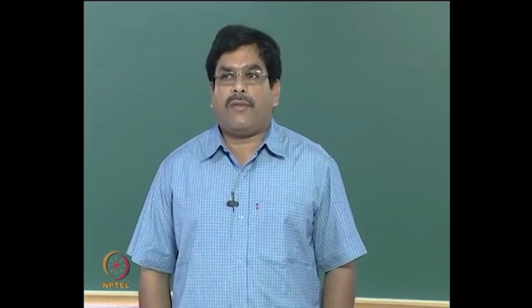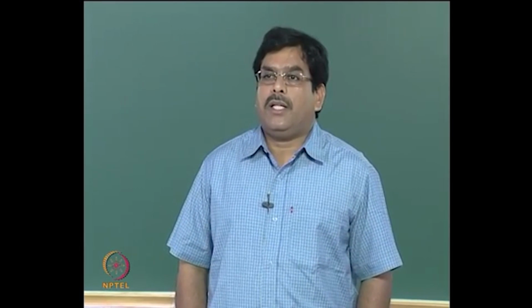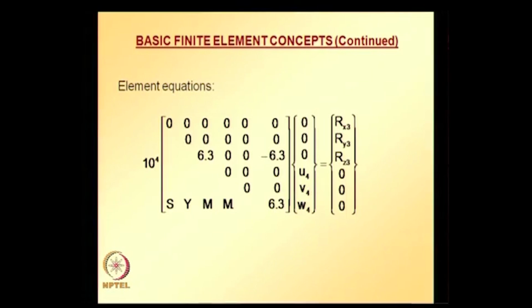Whatever we are left with in the reduced equation system will be at locations 10, 11, 12. So, we can directly write the global equations corresponding to these degrees of freedom.